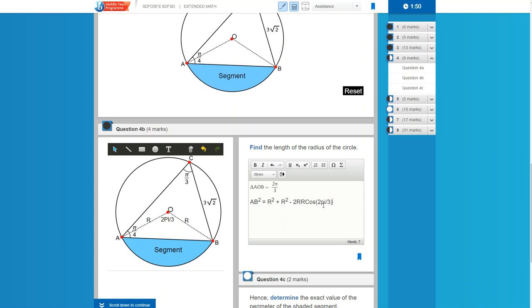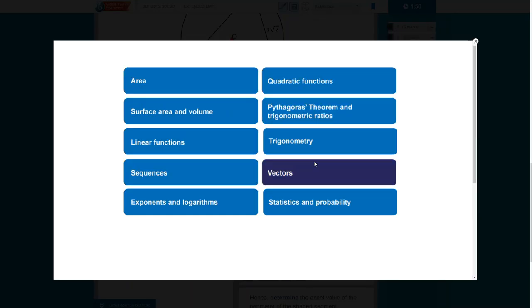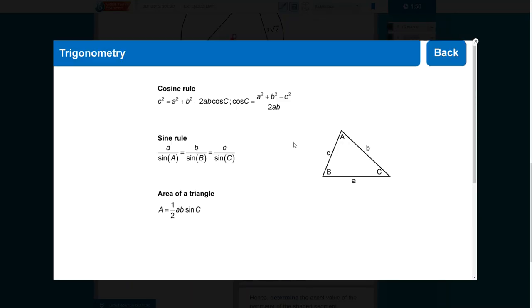I'm just going to write it like that for now. This formula, I'm pretty sure you're given it. So if we go back in here, it's important to know that all this stuff is here. There it is: c squared is equal to a squared plus b squared minus 2ab cos C, remembering that it's the angle in between the two sides.